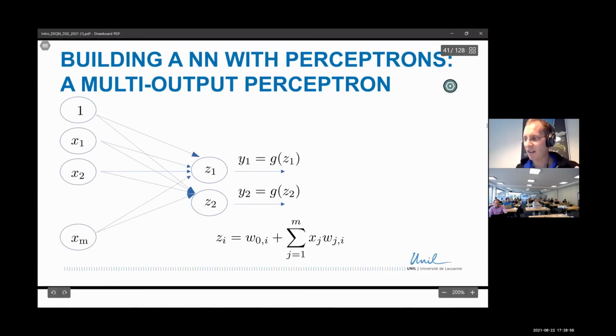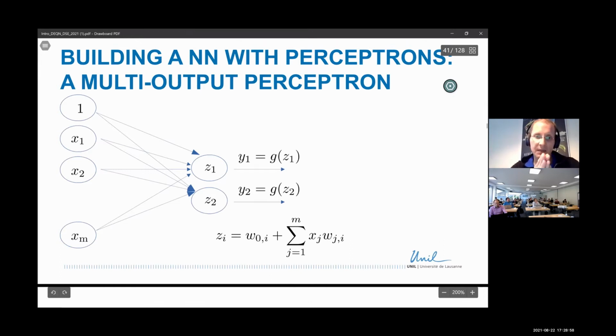Okay. Now, with that, we only had a single output. Multi-output is obviously trivial to extend. So we had the input on the left-hand side, but now let's have two outputs.